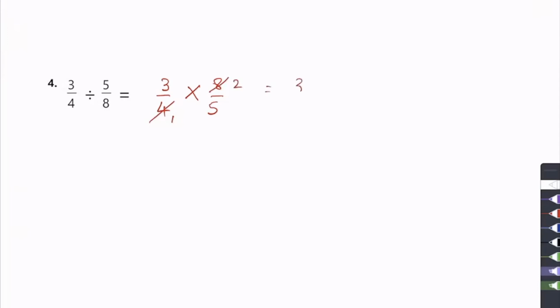So we're left with 3/1 times 2/5. And that just gives me 3 times 2 is 6, over 1 times 5 is 5. And if I want to convert that into a mixed number, 5s into 6 go 1, 1 left over, and that's over the same denominator, 1 1/5.